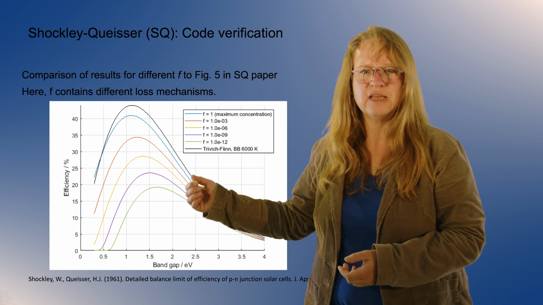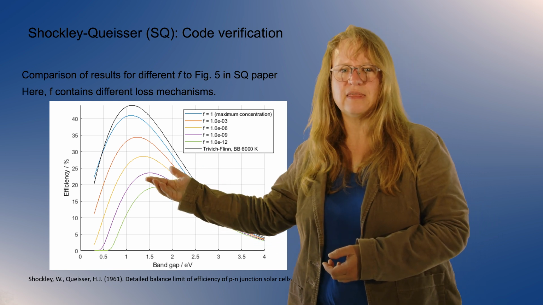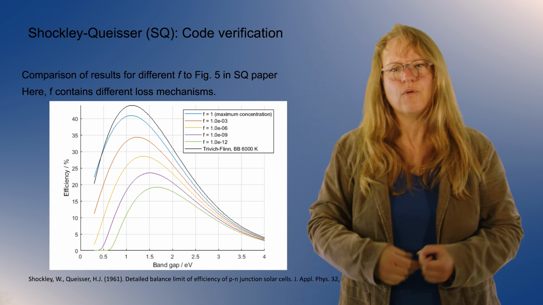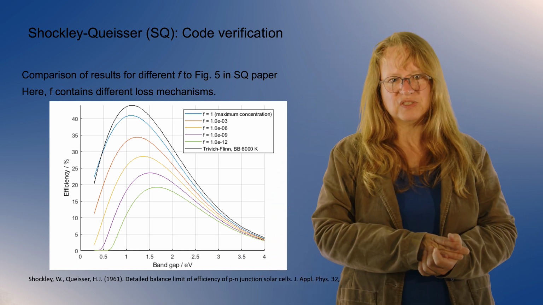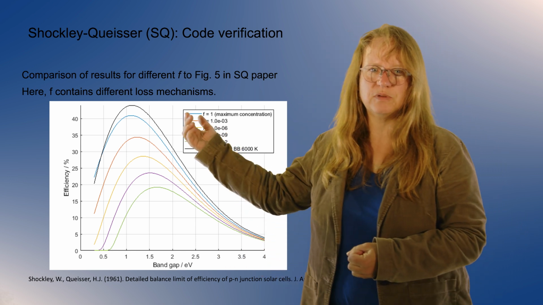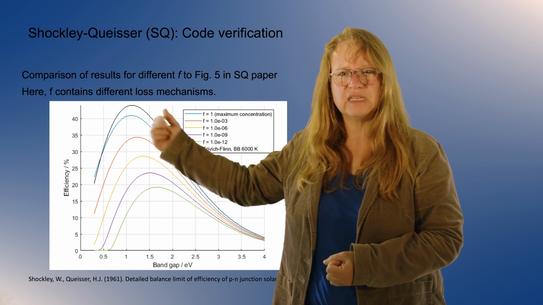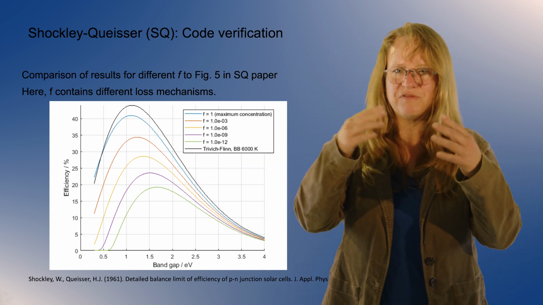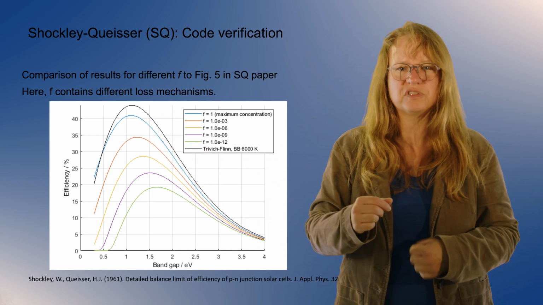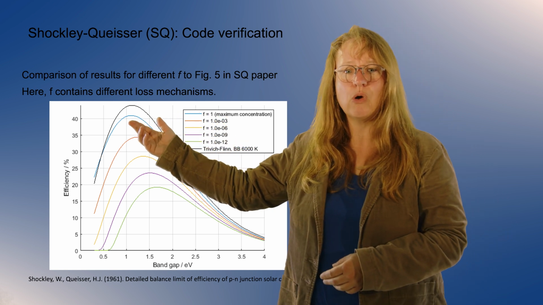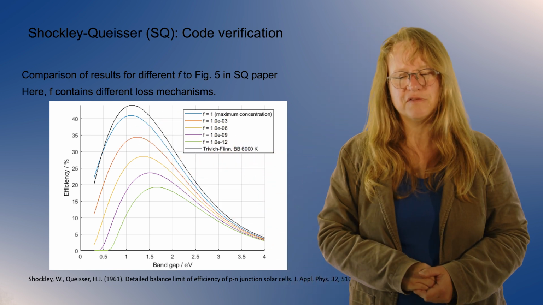So we can see that increasing the F factor would improve the efficiency. What is also interesting is that if F equals 1, which is also called maximum concentration, it actually approaches the Trivich and Flinn efficiency.